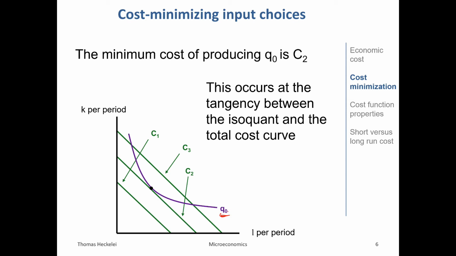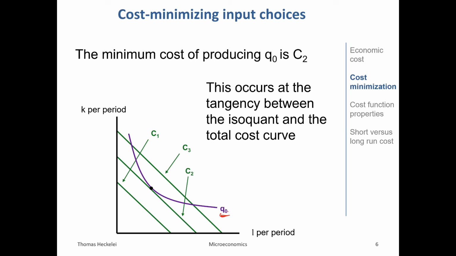Now, at C1, you have smaller cost, cheaper. However, because it's to the left of the isoquant, you will produce something less than the targeted output level Q0. On the other hand, if you use C3, what happens? C3 is to the right-hand side of C1 and C2. That means it's more expensive to produce at that level, and you actually can produce more than Q0 there.